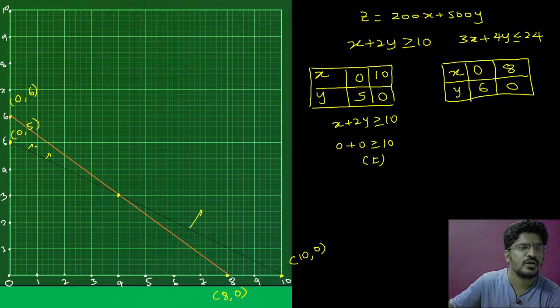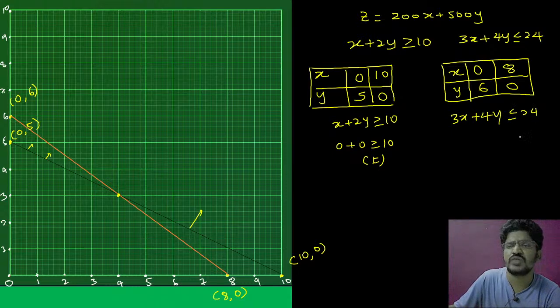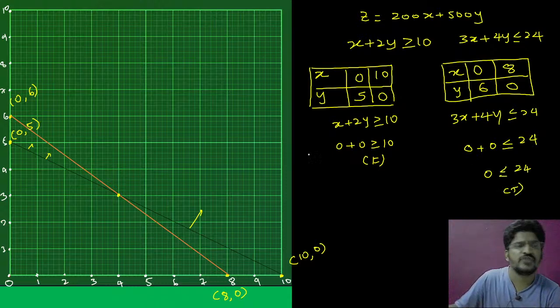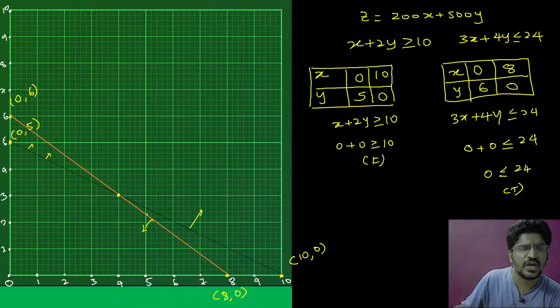Clear? No problem. And you check the second one, 3x plus 4y lesser than or equal to 24. Put 0 and 0, it will be 0 is lesser than or equal to 24. So it is going to be true. So if it is true, arrow marks are going towards origin. Clear?